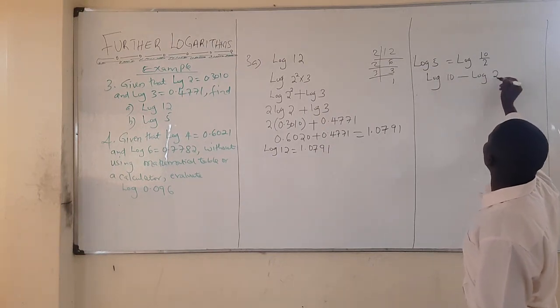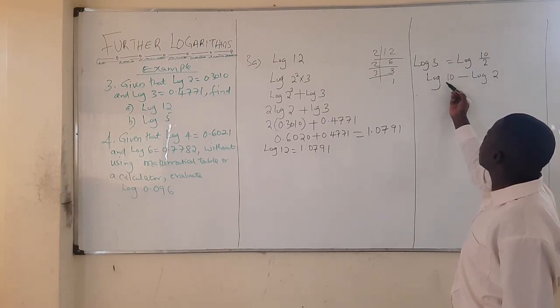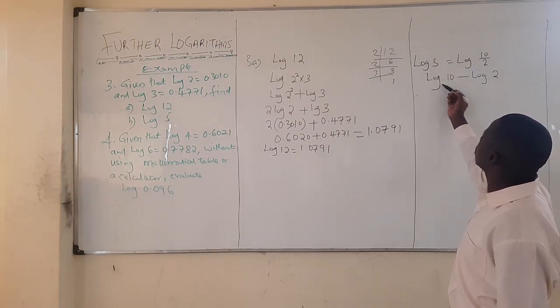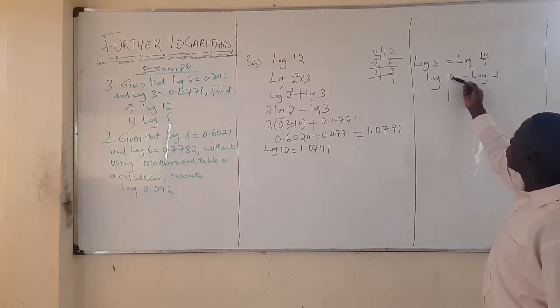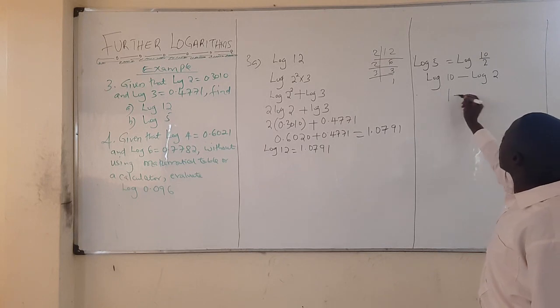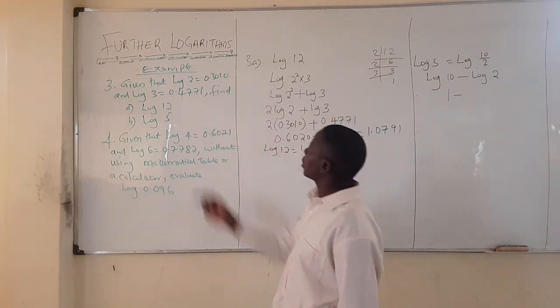So in this case, we get the log of 10 divided by 2 will be the log of 10 minus the log of 2. And then log of 10, because when we don't have any base here, we assume the base here is 10. So the log of 10 base 10 should be 1. Whatever number we raise to 10 to give you 10 is 1. Then minus the log of 2, we have it here as 0.3010.